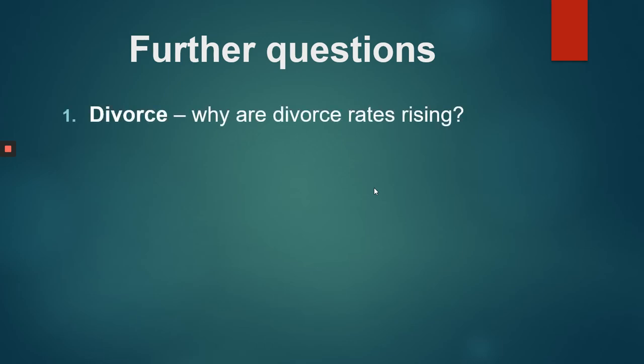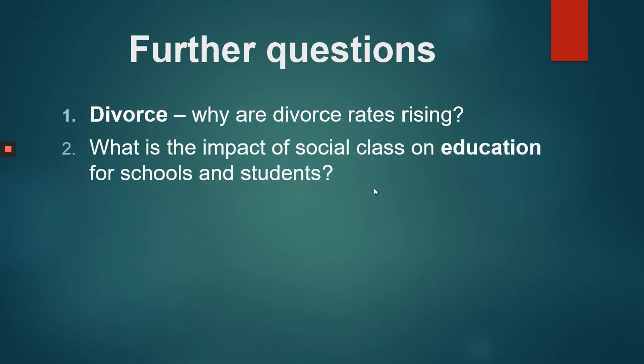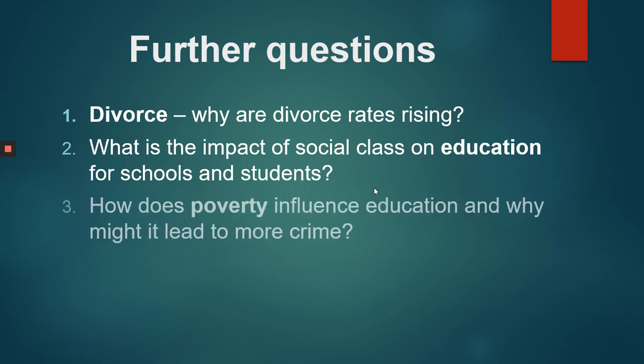Some of the questions that I would pose here are about the impact of social class on education. Do schools have a type of student they prefer from a specific social class background? And if that is the case, what's the impact of that for the student? What kind of opportunity are they given? What areas do they experience? And how does that impact on their achievement?